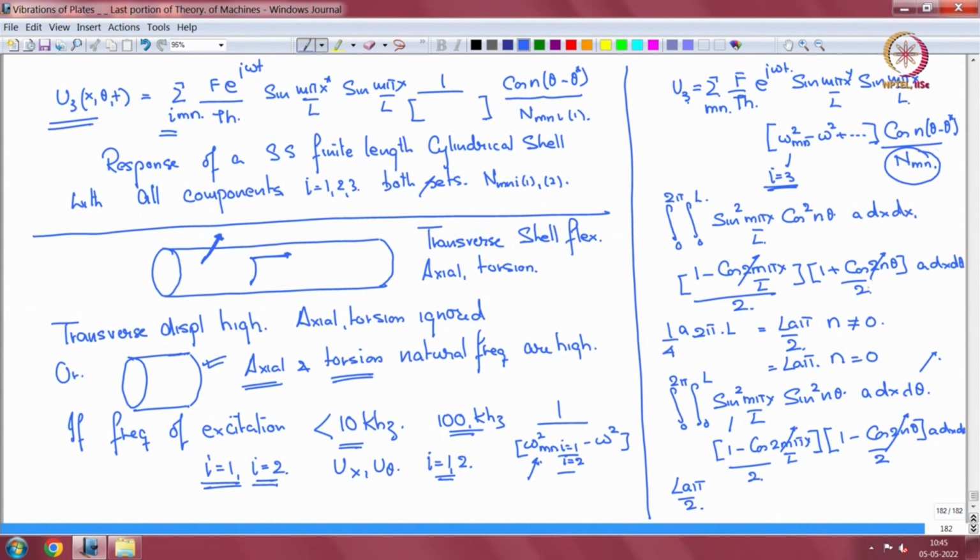For n equal to 0 it is L a pi, and not equal to 0 it's L a pi by 2. So this now is the reduced or simplified response of a simply supported shell.